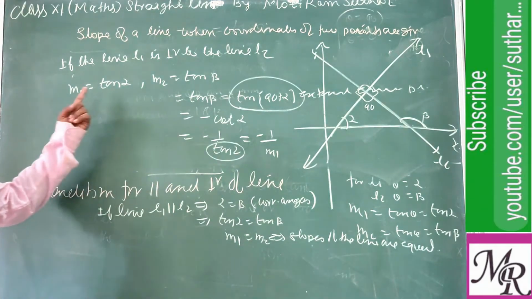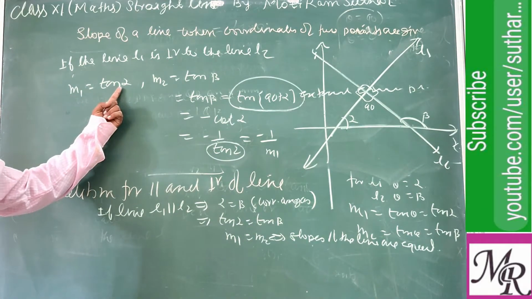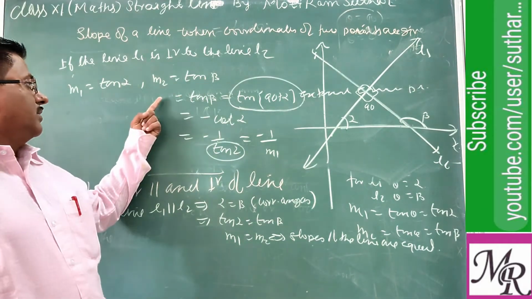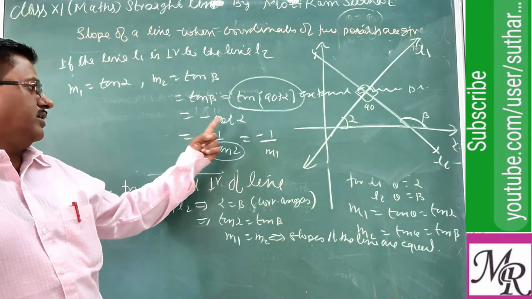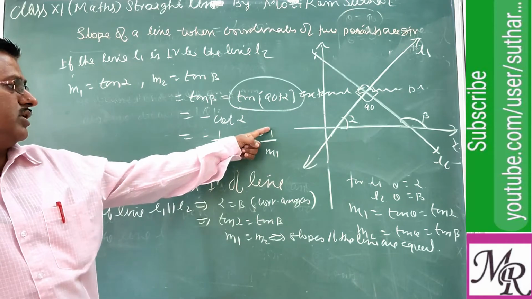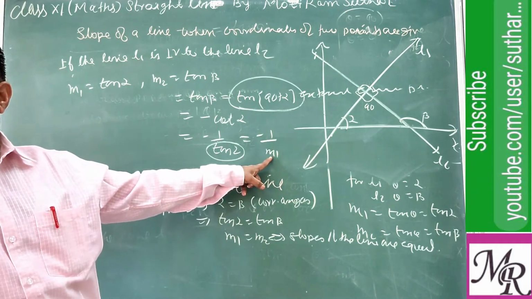So M1 is tan alpha, M2 is tan beta, and tan beta means tan(90 plus alpha), which is minus cot alpha, so minus 1 upon M1.